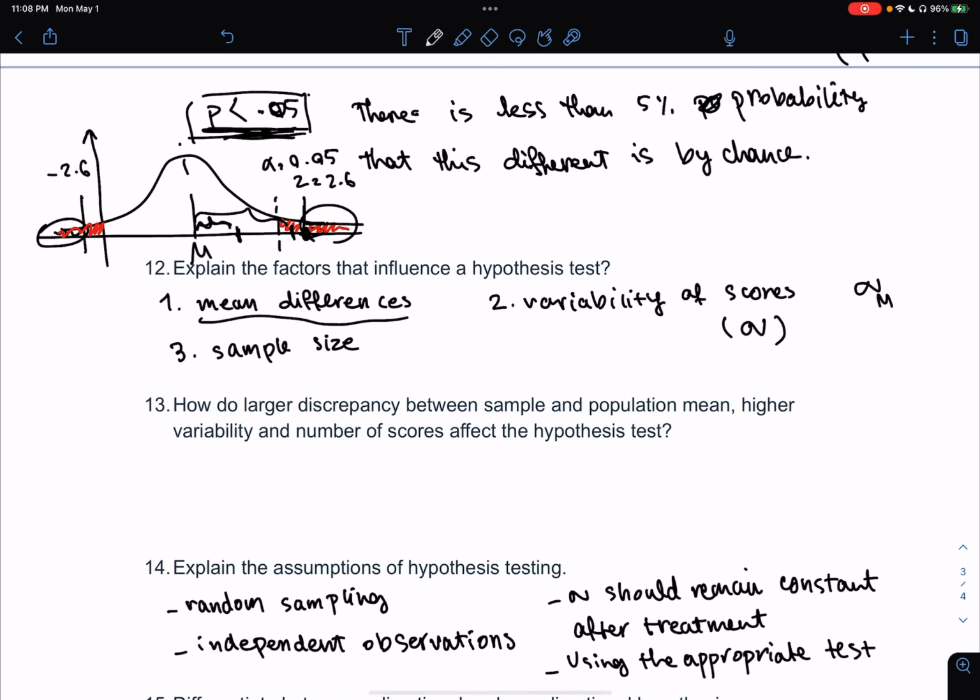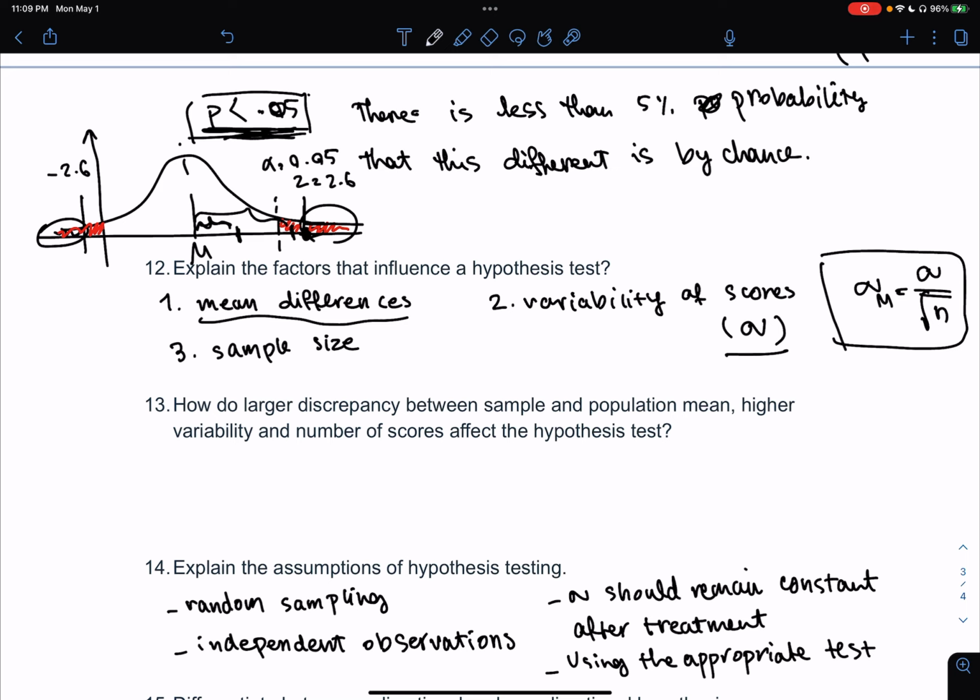If I write down the formula for the standard error for a sample, we can see that the standard deviation of our scores is important based on the formula.